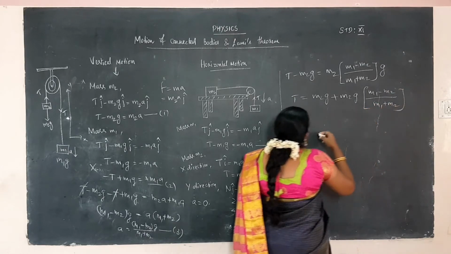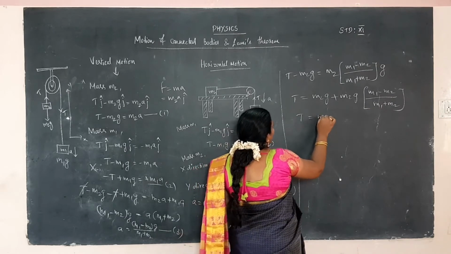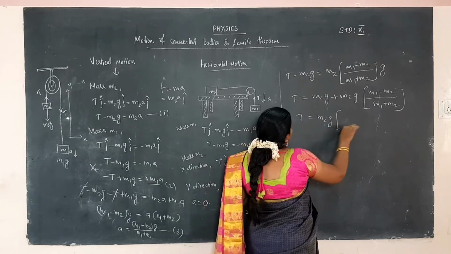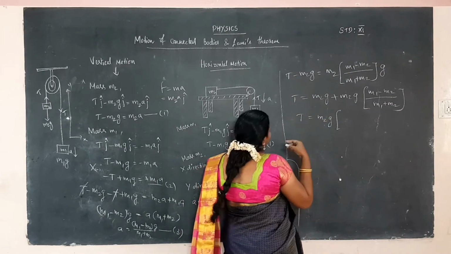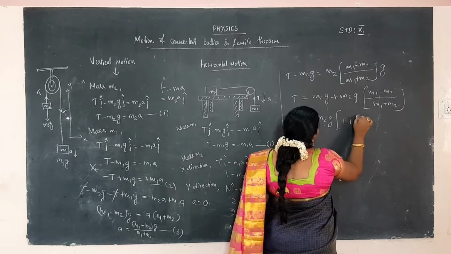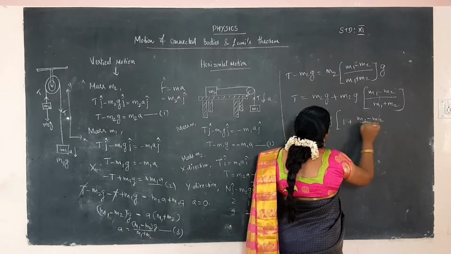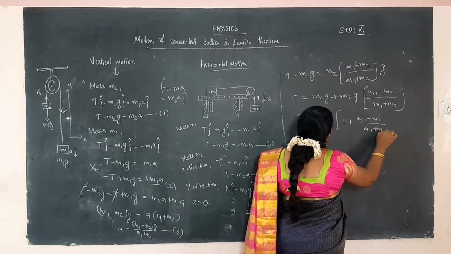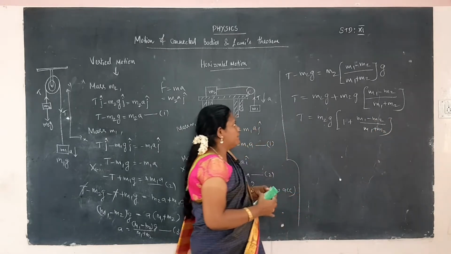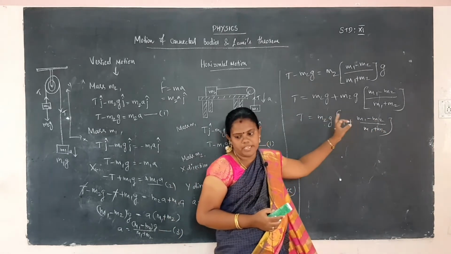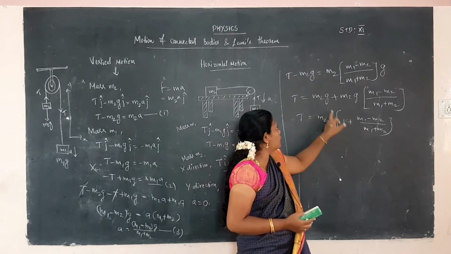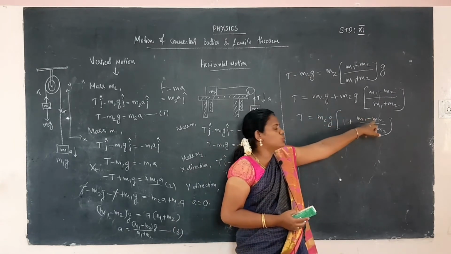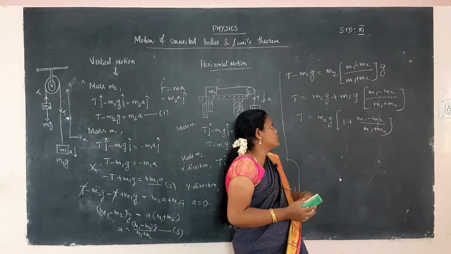Clear? Then we have to take m2g as common. m2g is common, so 1 plus m1 minus m2 by m1 plus m2. Taking the LCM, m2g is common to both terms. So m2g into 1 plus m1 minus m2 by m1 plus m2.